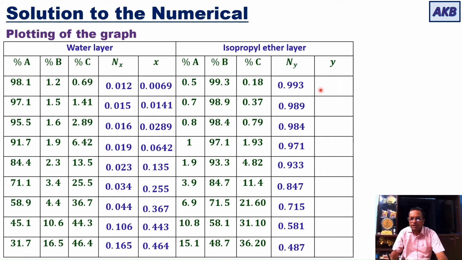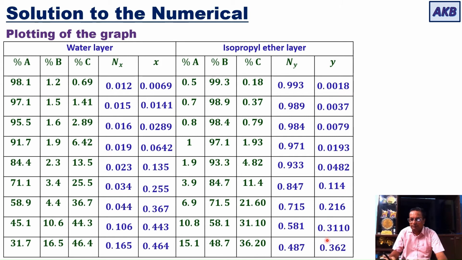Similarly, weight percentage of C is converted to weight fraction by dividing the percentage value with 100. And if you do it for all the given values, this will be the Y values. Okay, so we have calculated fractions of B and C in each layer, and we are going to use these values for plotting the graph.